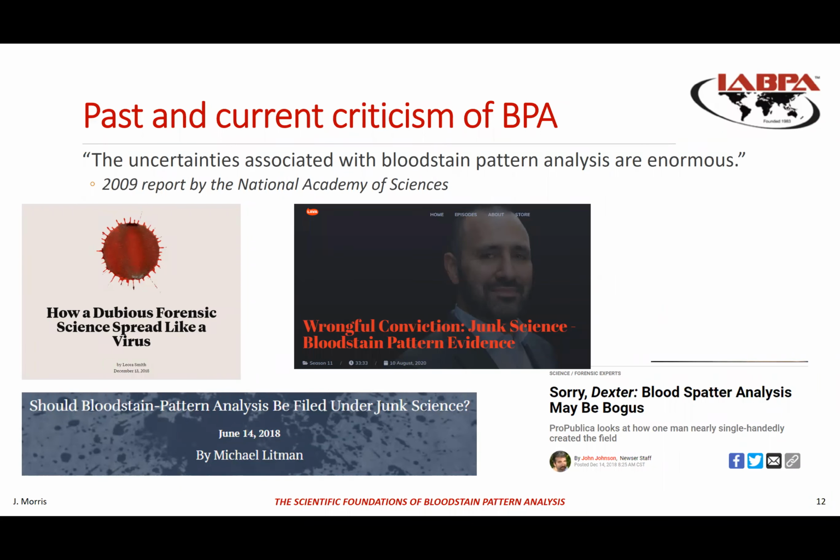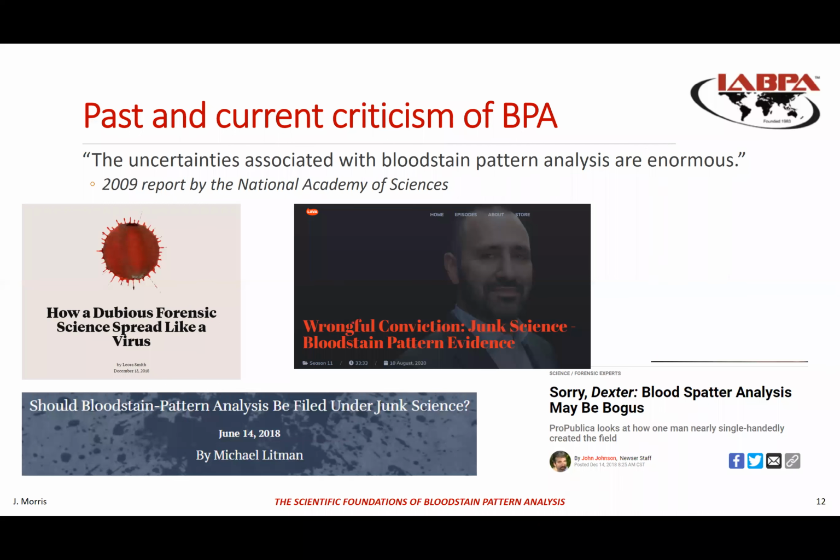In the section for bloodstain pattern analysis, the last sentence of that section reads, quote, "The uncertainties associated with bloodstain pattern analysis are enormous." When that sentence is taken out of context, it looks really, really bad. But when you read it in context, it's not as damning. Now, it's saying at this time, there are things that bloodstain pattern analysis needs to work on.